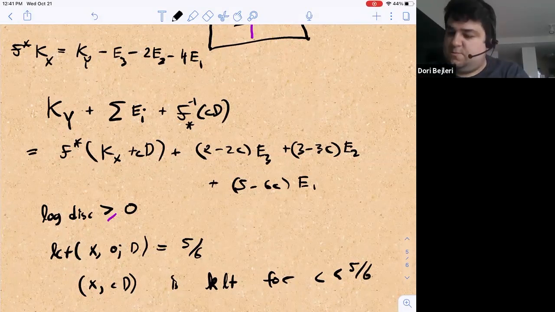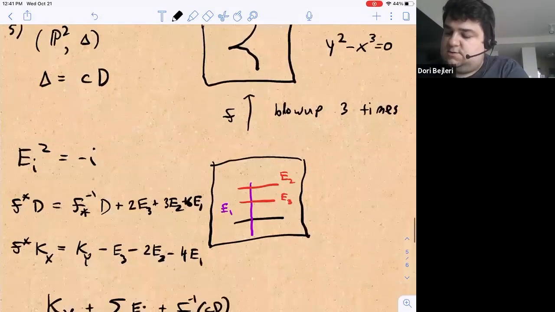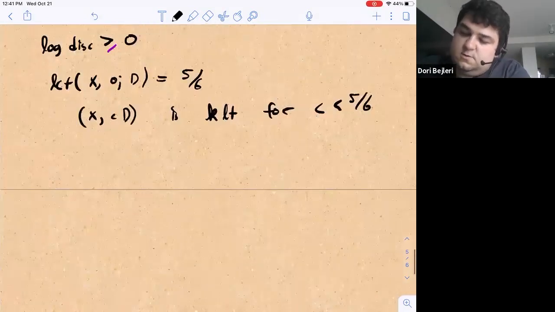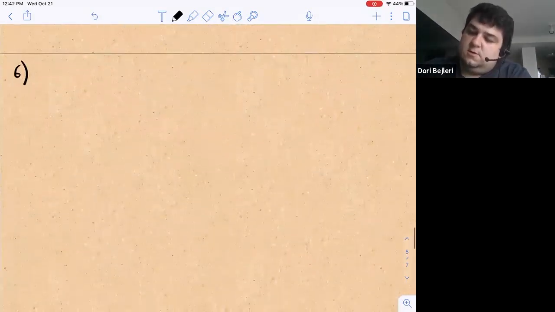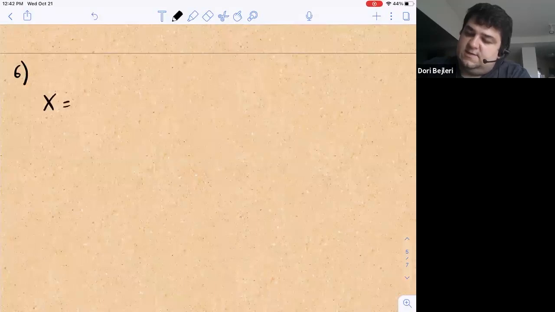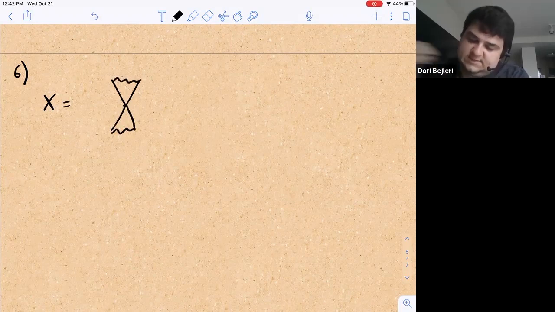Okay, and then one more example. This was example 5. One more example where we're not on P2. Let's say that X is this cone over a rational normal curve, which we discussed a few classes ago.